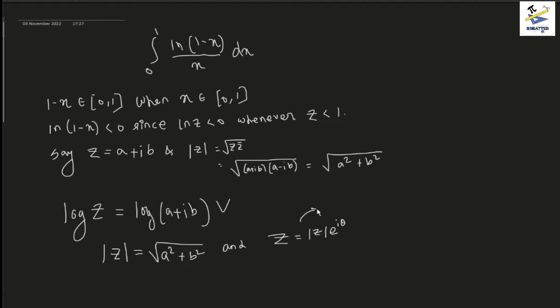So this is what we call Euler's form. This is derived from the fact that the polar form of a complex number is as follows, and I'll show you how to get that.